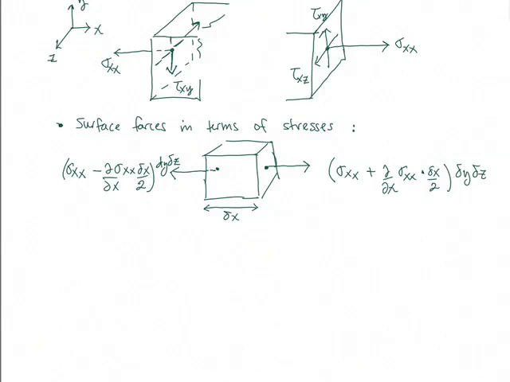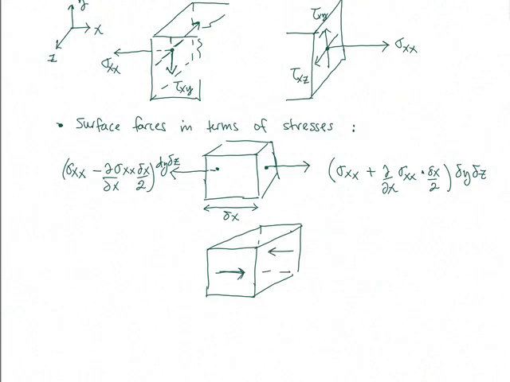So let's consider now the stresses on the walls in the front and the back. I'm going to draw again our cube, and we have in the front a stress, and I've drawn it a little bigger so I can show in the back there's also another stress there in the x direction.